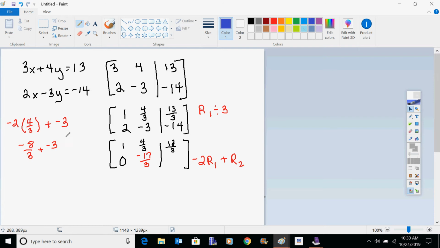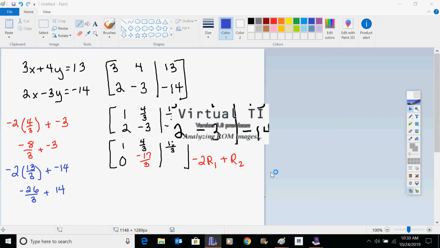And I'll just pick another color so that if you're trying to figure out what we're doing, we're taking -2 times 13/3 plus -14. So this is -26/3 plus 14. Okay.